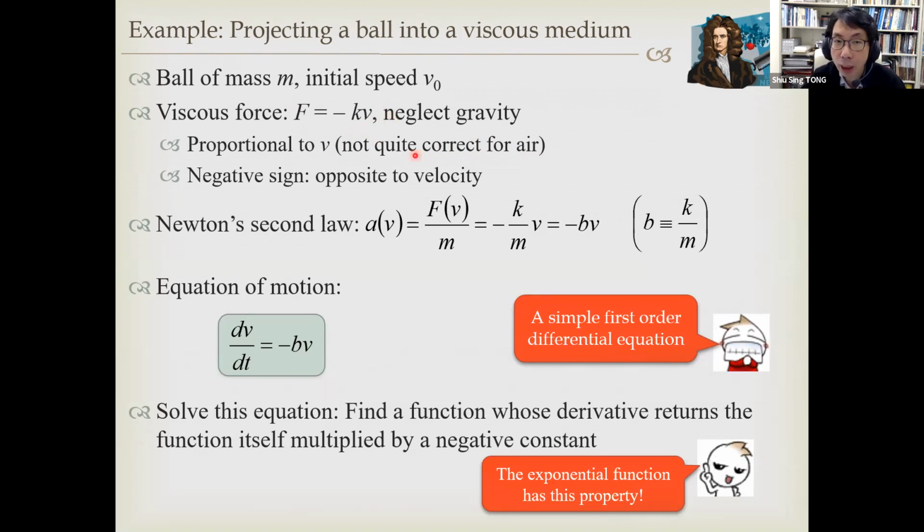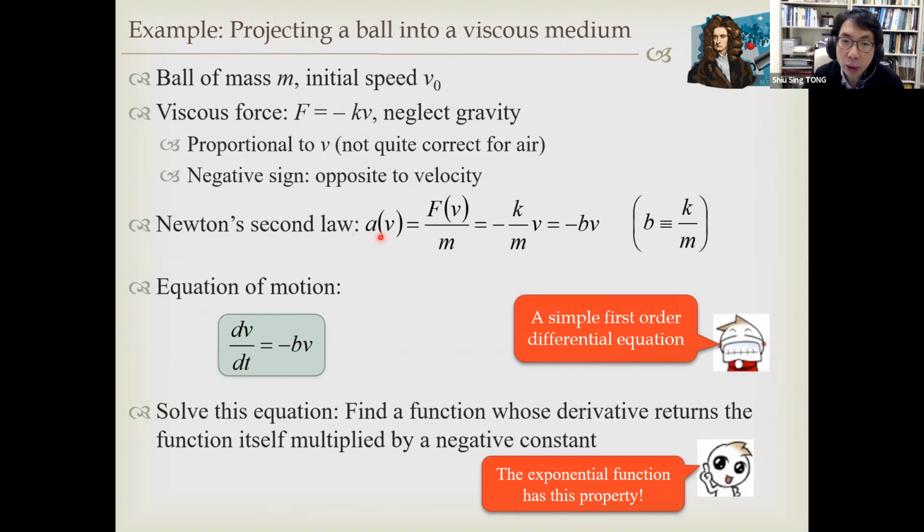Okay, so this is not quite correct for air, but suppose this is correct for some viscous medium like water and oil, something like that. If you have a ball projected into oil, that is the typical resistive force that the ball might experience.